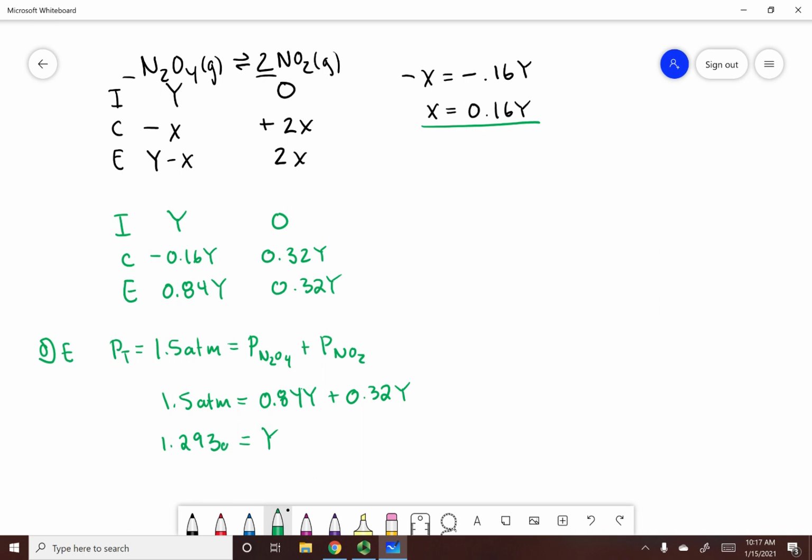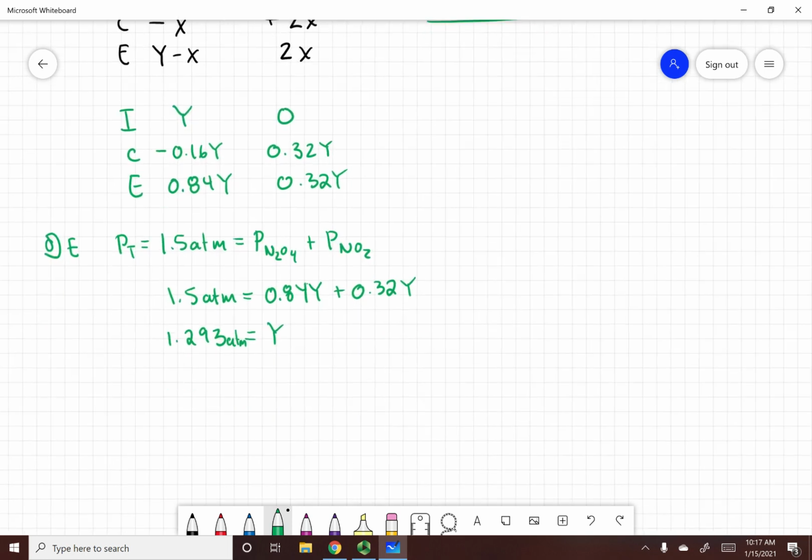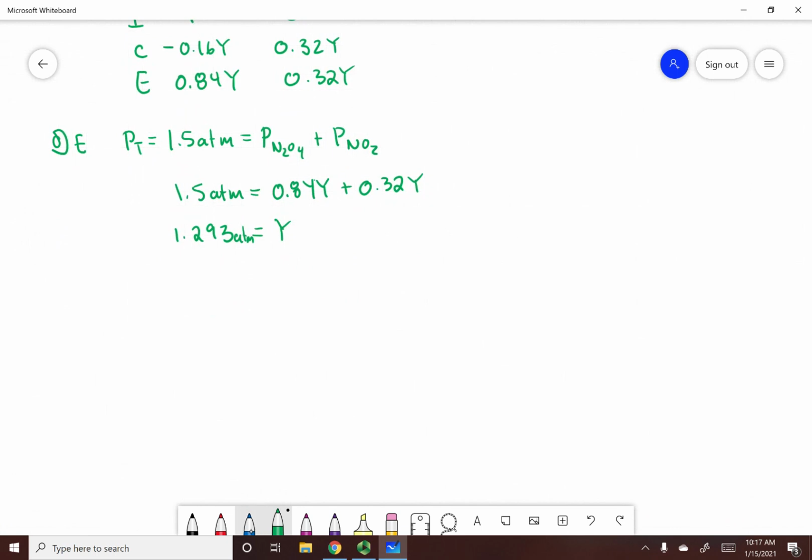1.293 atms. Now what I can do is I can go ahead and calculate my equilibrium pressures by plugging Y into this last line. So for N2O4, it's going to be 0.84 times my Y, or 0.84 times my 1.293.